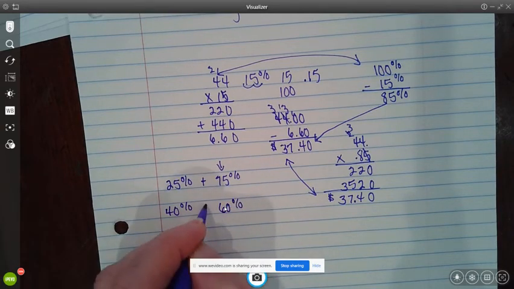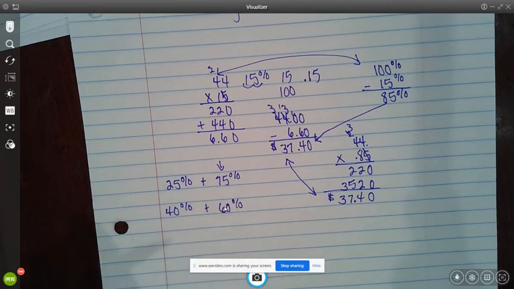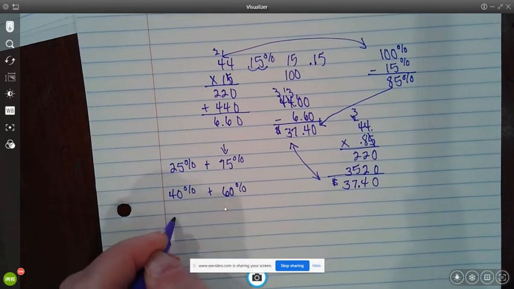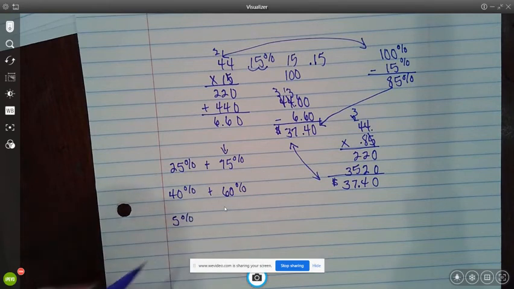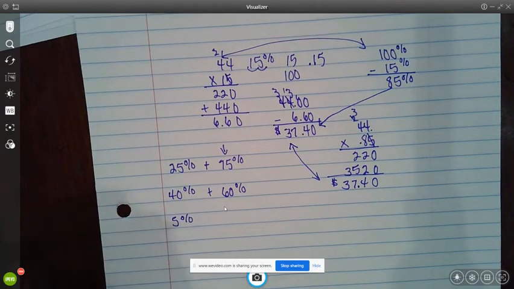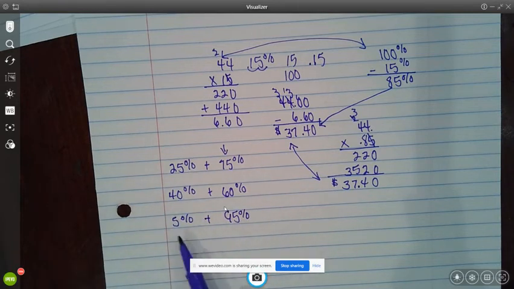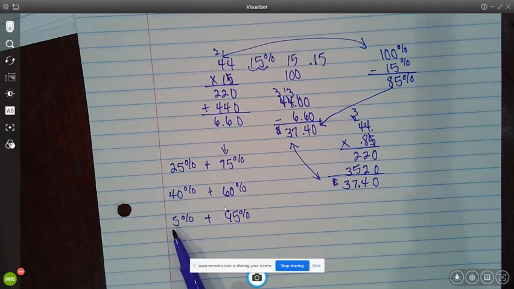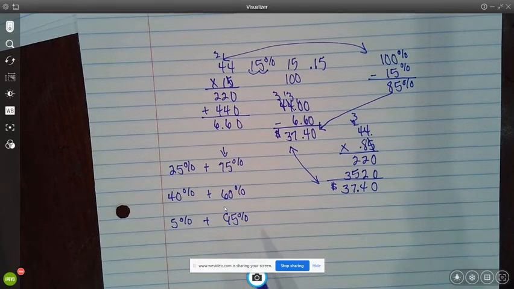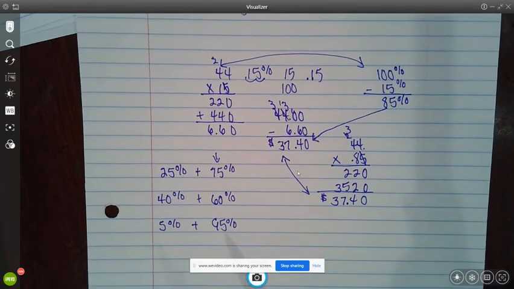So I could take 60% and multiply it times the item. What if I get 5% off of the item? Then I would be spending 95% of the cost of that item. And so again, you can do this and subtract it from your original, or you can simply take this and make it a decimal and multiply it times the cost. So that's just something you can think about, whichever's easiest for you.